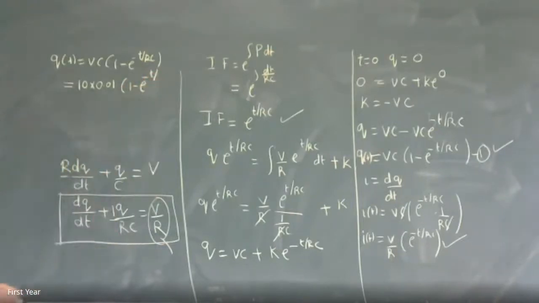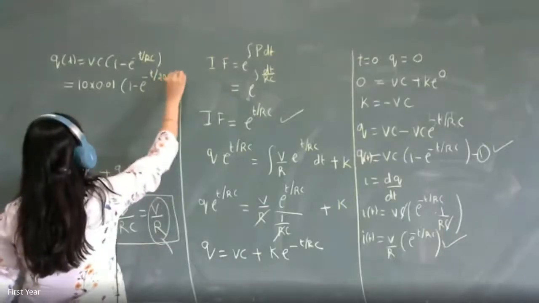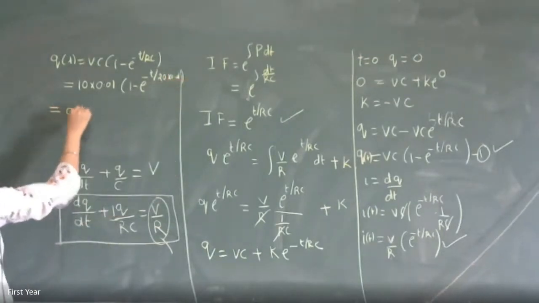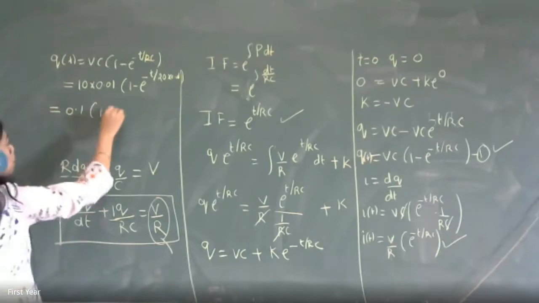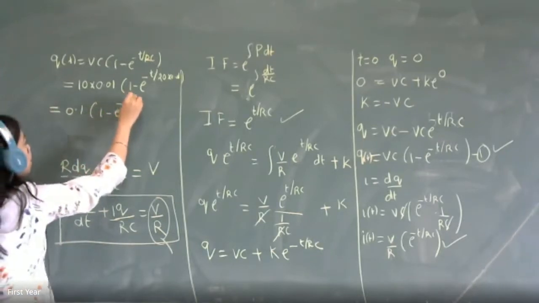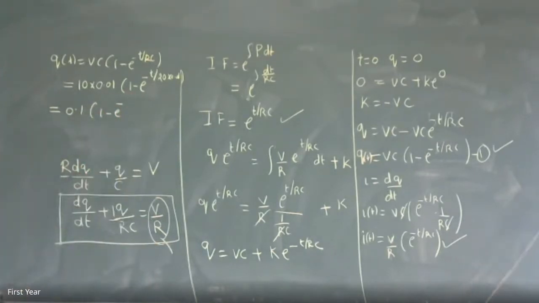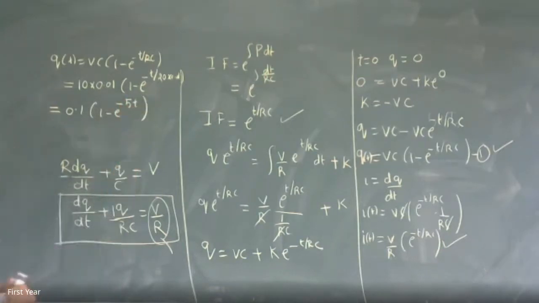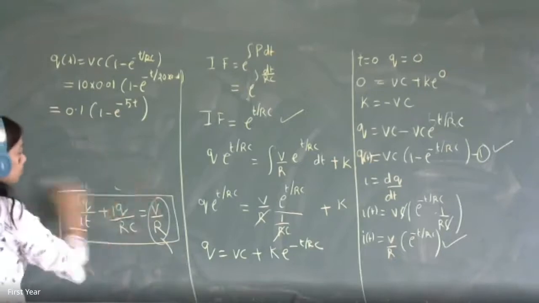What is R? R is 20. So 20 into 0.01 is 0.2, and 1 by 0.2 means 5. So Q is 0.1 into 1 minus e to the power minus 5t.